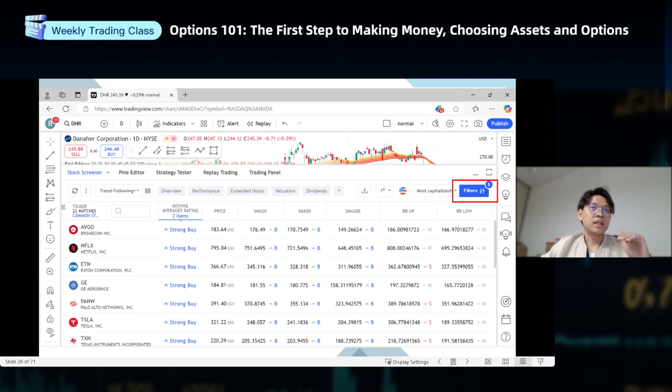And you can see that we have now put on 8 custom filters, plus the default moving average filter provided by TradingView, which makes 9 filters to screen out all those actively traded stocks which have a higher volume, a higher market cap, a higher volatility, and also a clear direction. This is what we are going to trade.